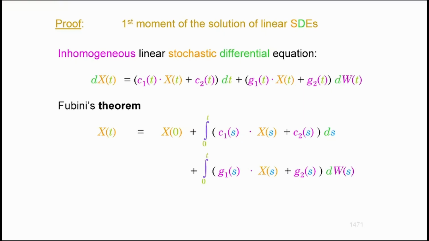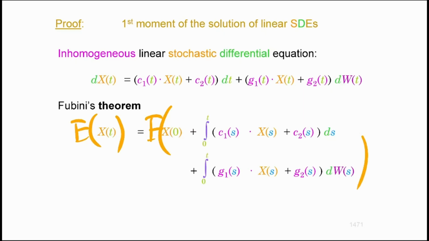Before I apply it, just a quick note: the expectation on the left-hand side is going to be the expectation on the right. That's the point. And the expectation of a sum is going to be the sum of the expectations. So the expectation of the left-hand side equals the expectation of the starting value plus the expectation of the integrals.